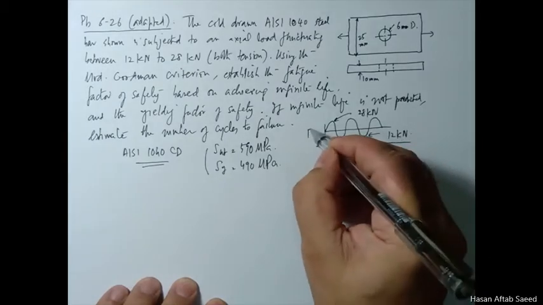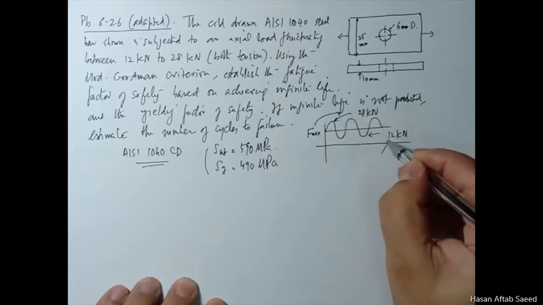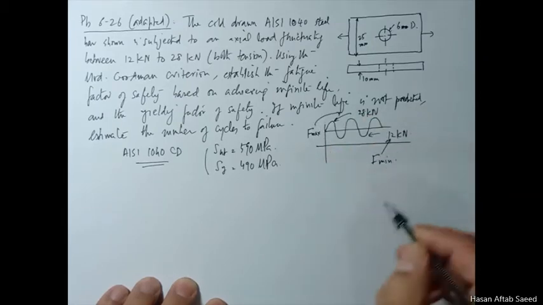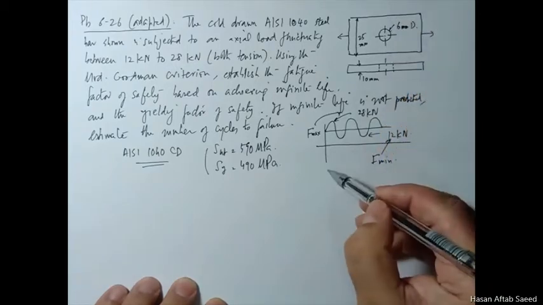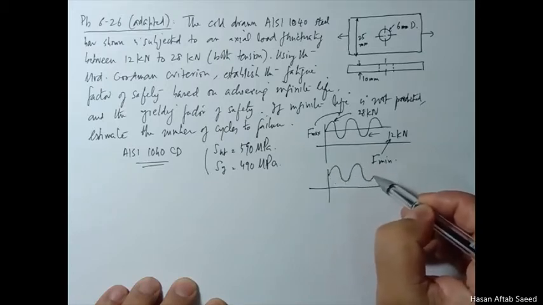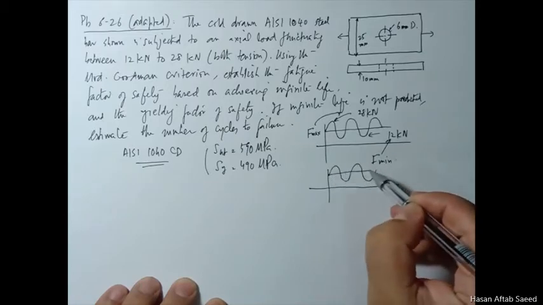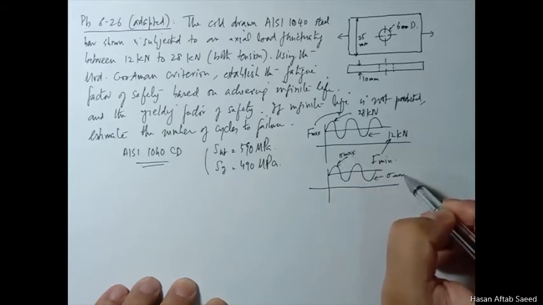Now this is F, obviously. This is F max. This is F min. But because it's an axial problem, if you divide this by area, your stress situation will also be something like this. We don't know the number yet, but you'll have a sigma max and you'll have a sigma min.